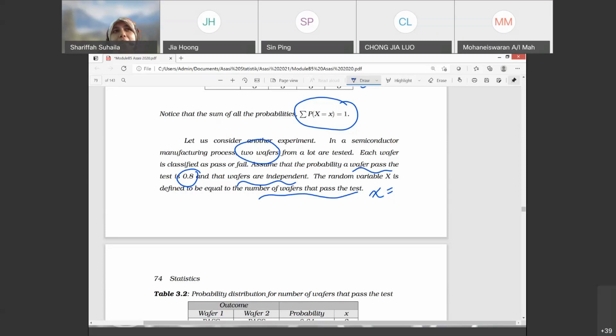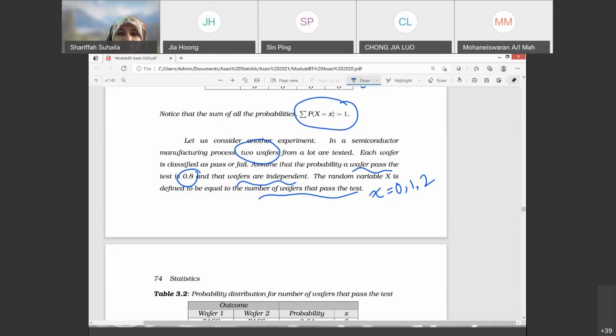So it can be no wafer passing, so 0, only 1 wafer passing, or all 2 wafers passing. So small x should be 0, 1, and 2. That's settled. You already found the values of small x.